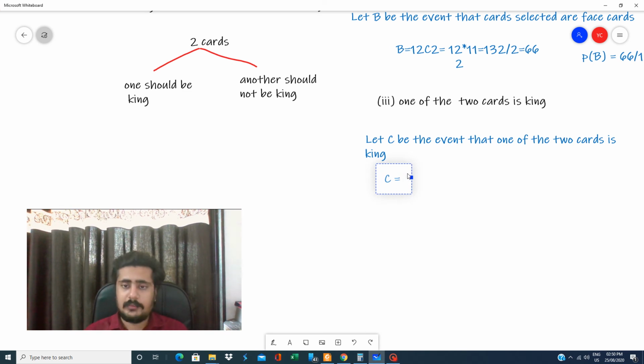Now this is 4C1, that means one of the two cards is king, 4C1 into 48C1.